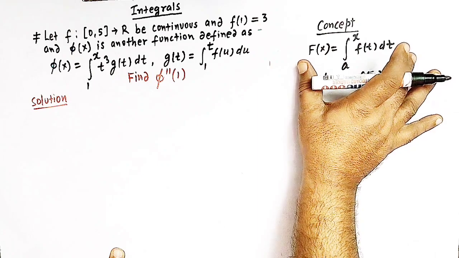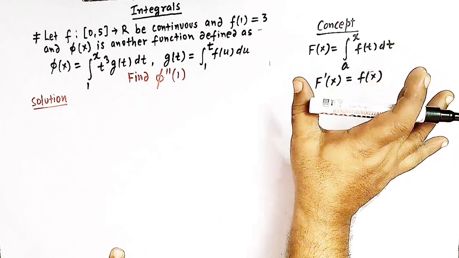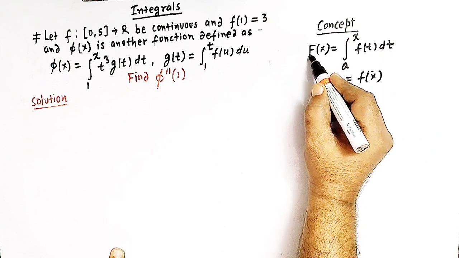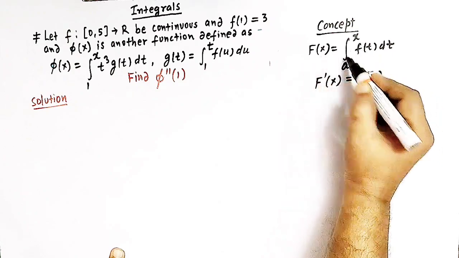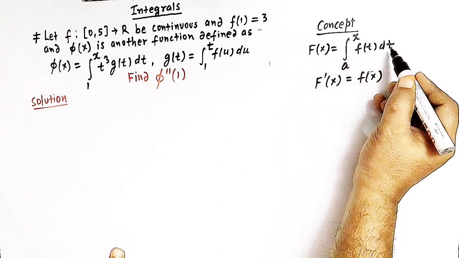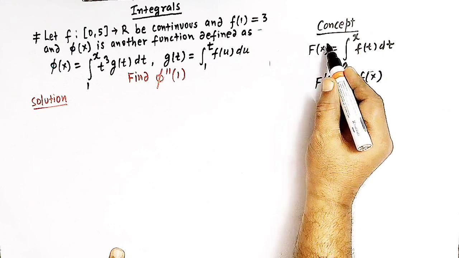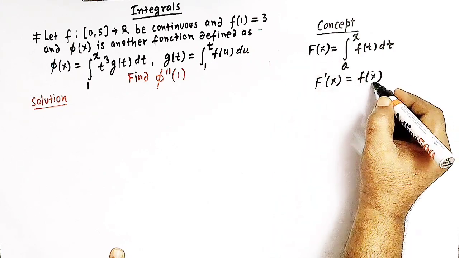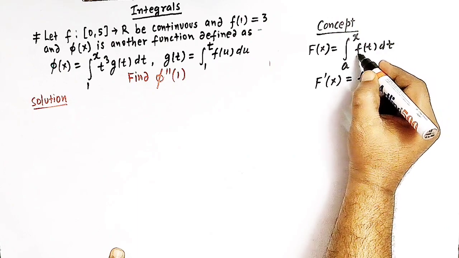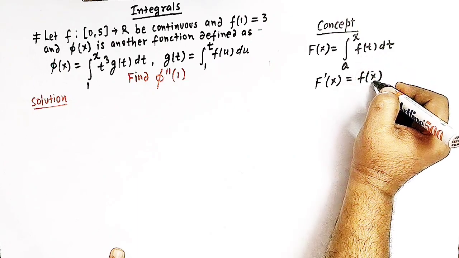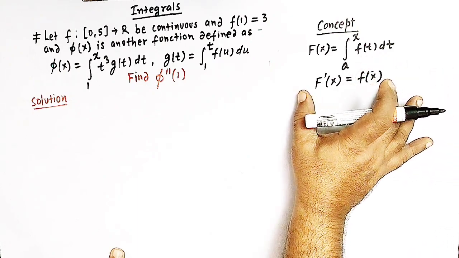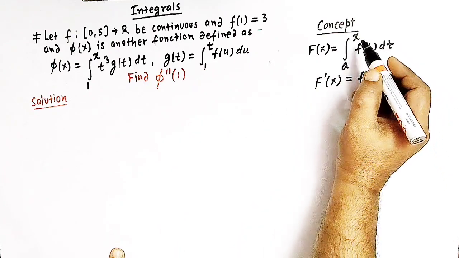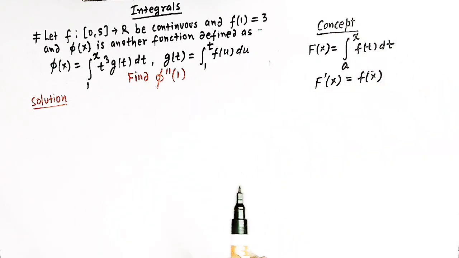So this is a famous theorem in definite integrals. If we are given a function capital F of x equal to the integral a to x f of t dt, then the derivative F prime of x is equal to the function f of x, right?